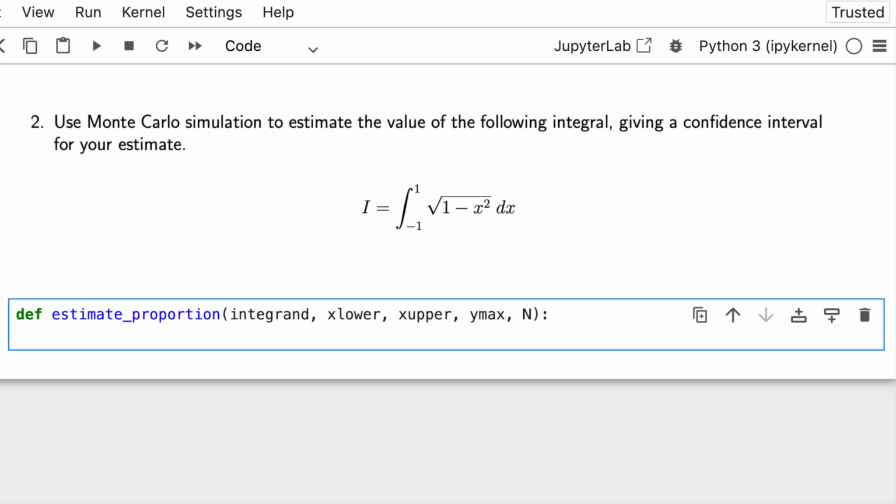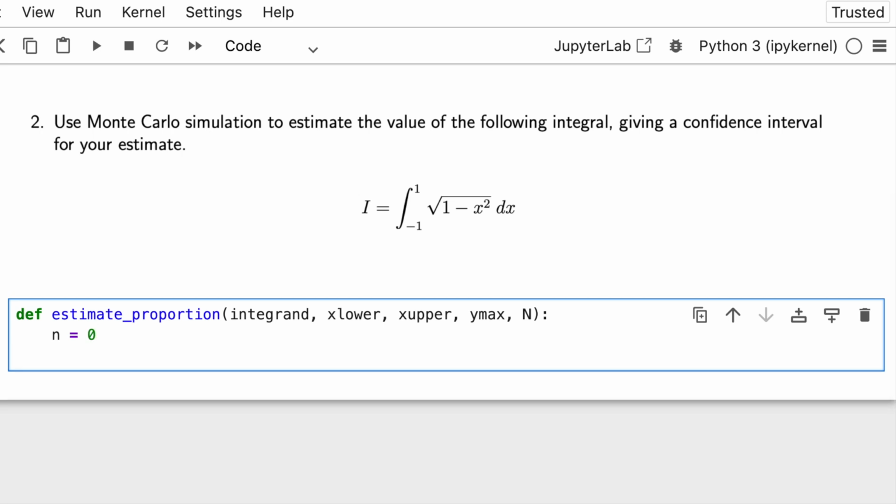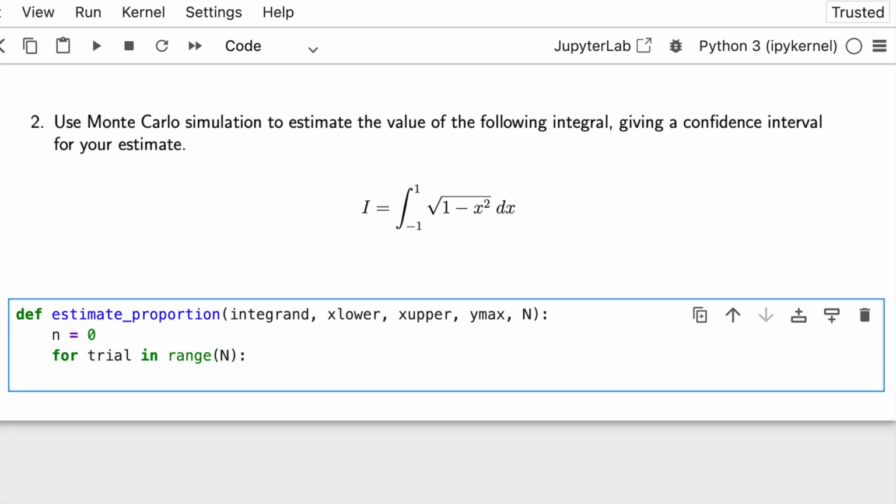Here we will keep track of n, the number of points under the curve, and start it off at 0. Then, for all the points that we will be sampling, we will create an x coordinate.